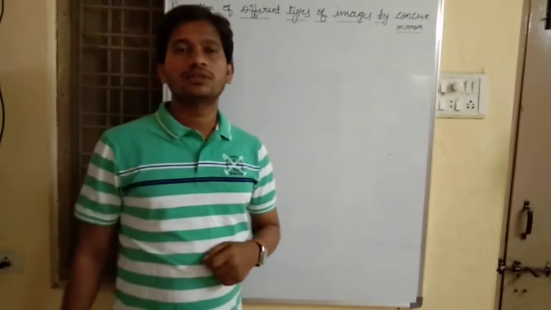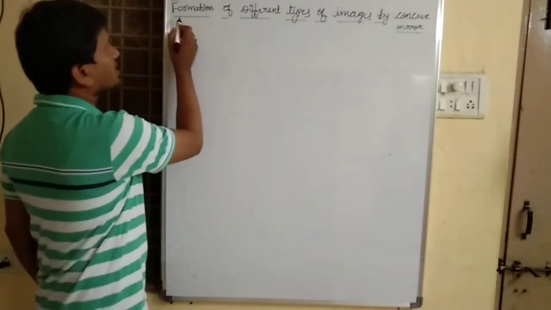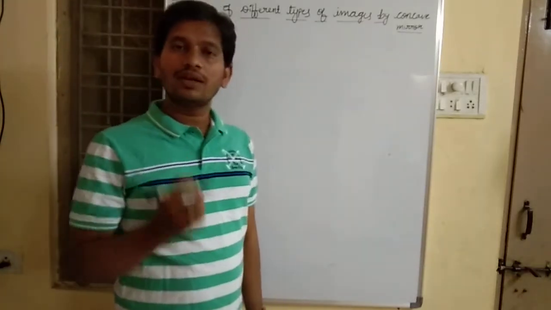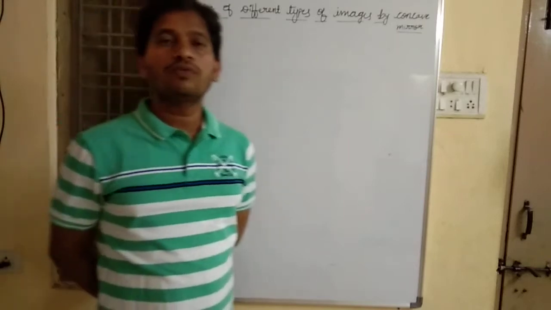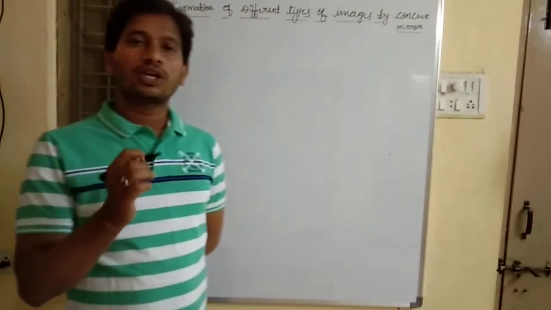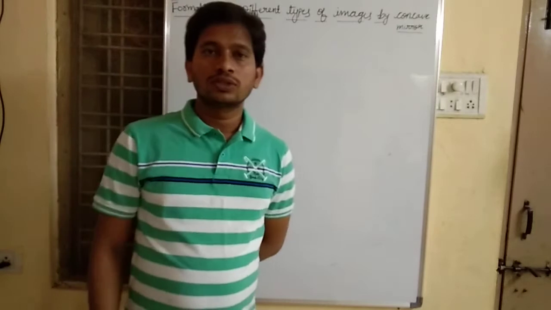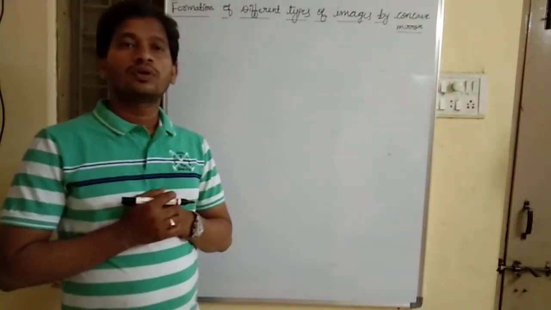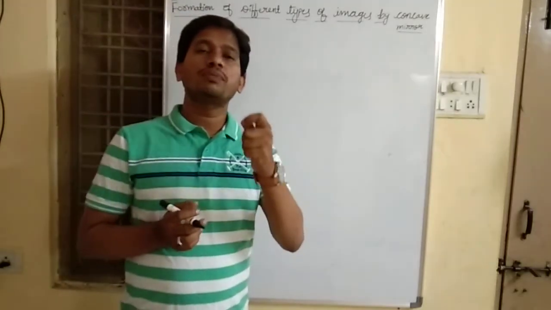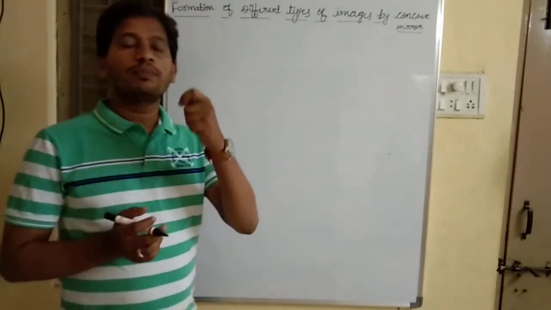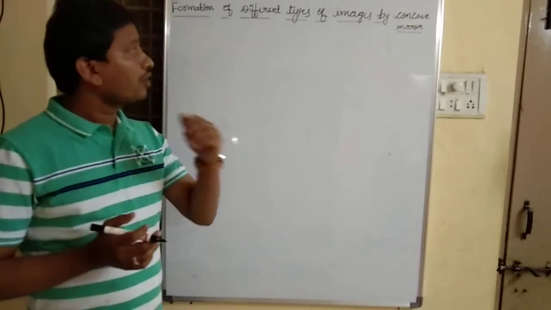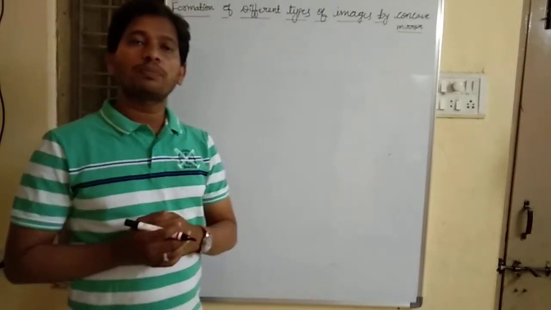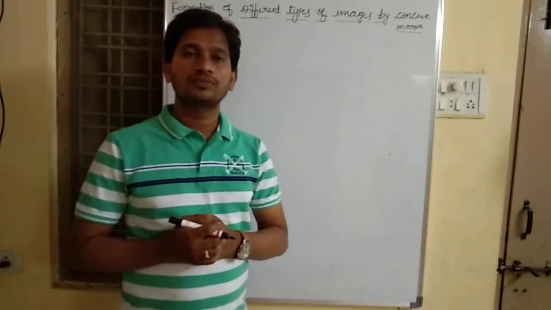Welcome to today's session. Today we are going to discuss the formation of different types of images by a concave mirror. To find the position of an image, we have to place an object at different places on the principal axis in front of the mirror.